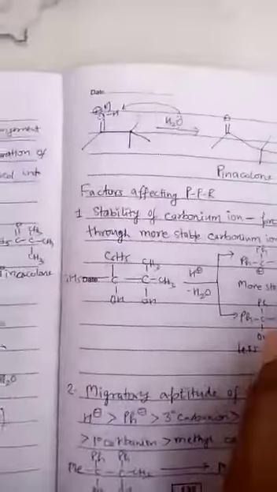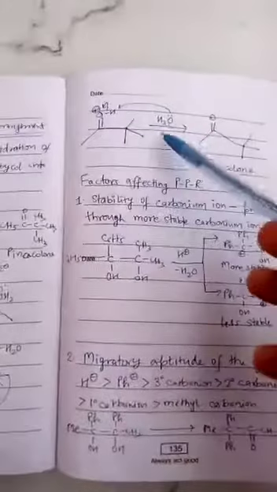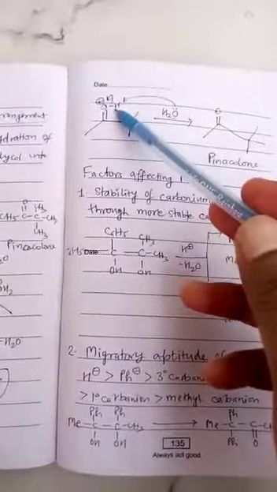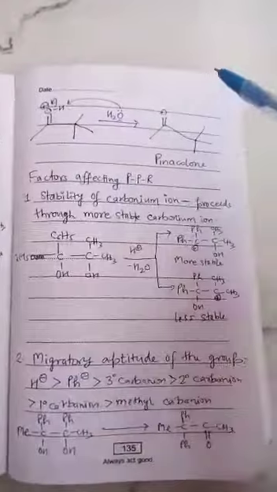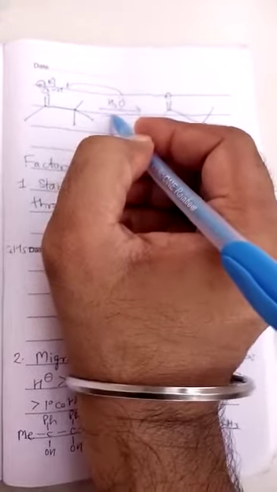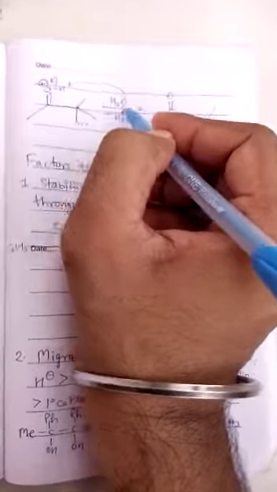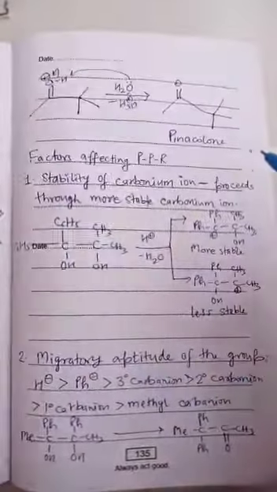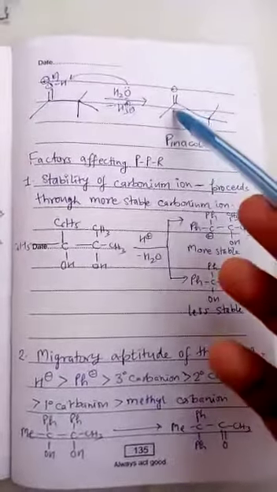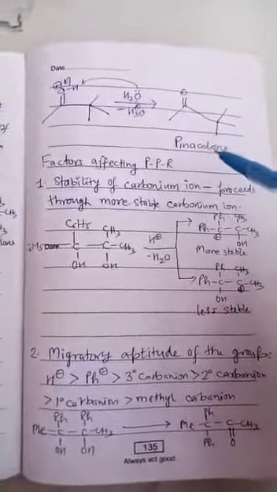Now in the next step, the water which has been released in the first step attacks this proton and takes it, giving minus H3O plus, and this is pinacolone, a ketone with substituted side chain.